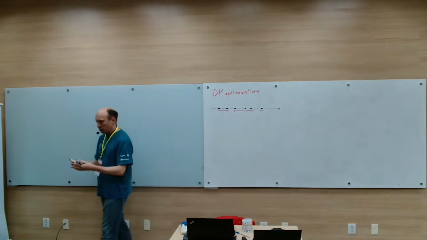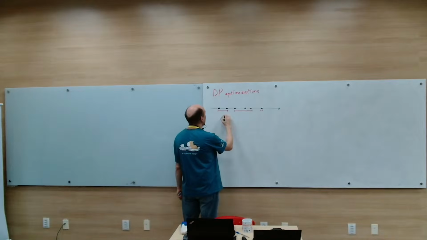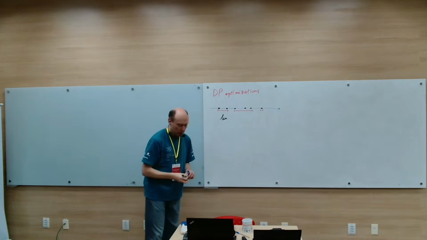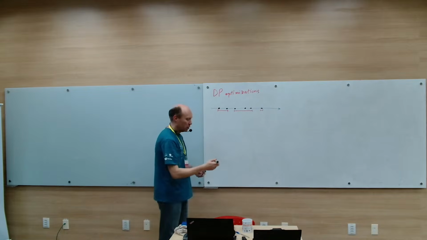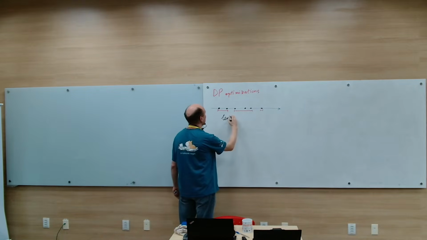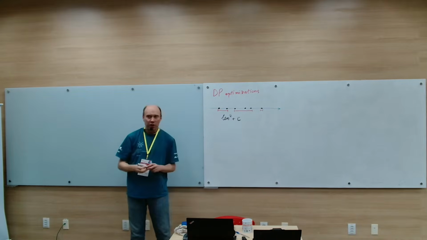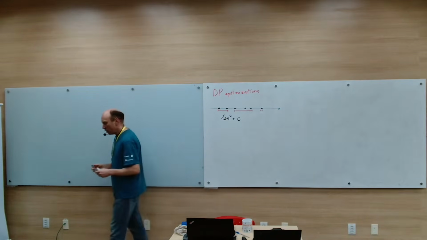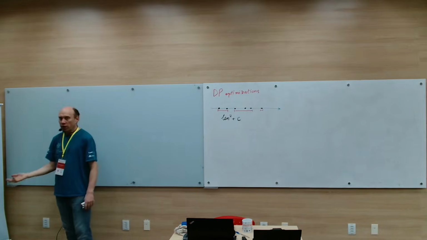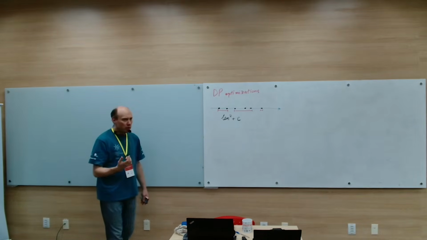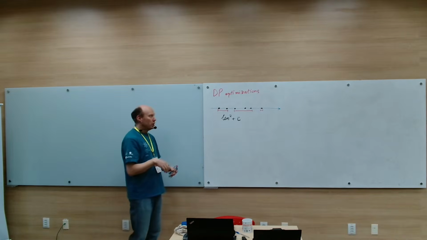There is a cost for the segment, and the cost for the segment is its length squared plus some fixed cost. So that's the cost for the segment. And there can be, or cannot be, another constraint that the number of segments is limited.